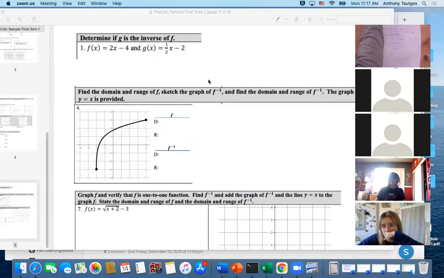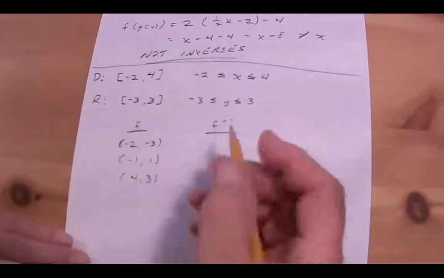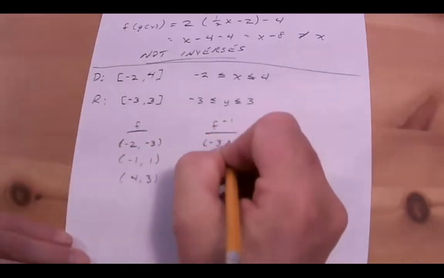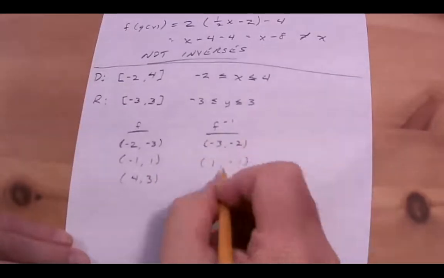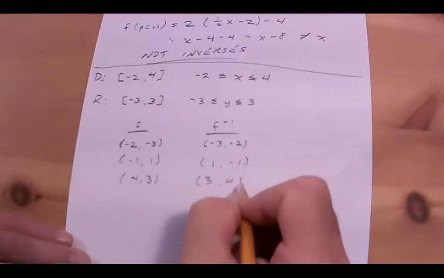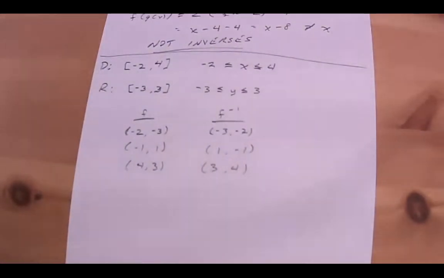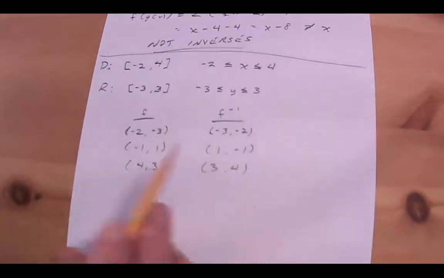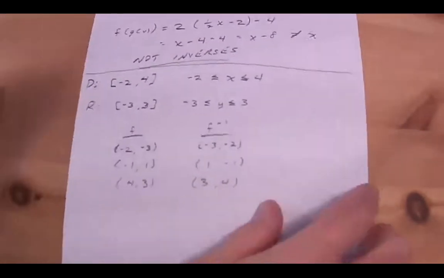Now the ordered pairs of its inverse are just going to be these things flip-flopped. So this is going to be -3, -2, 1, -1, 3, 4, and that gives me ordered pairs for the inverse.